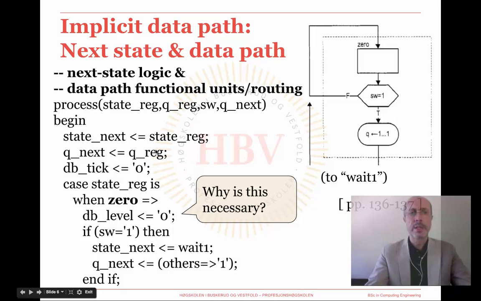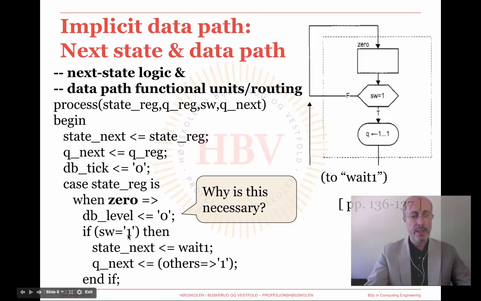Take notice that we start by defining the default signal values, which will apply if we don't say otherwise in each state code. And after this, what we have is just a case structure where we consider each state separately.